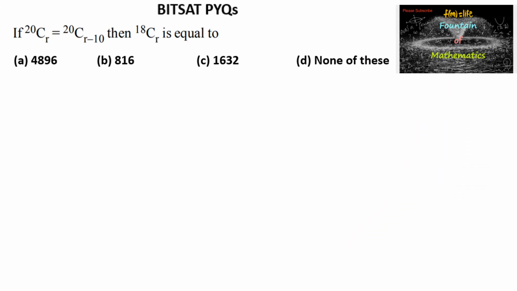If 20CR is equal to 20C(R minus 10), then find the value of 18CR. We have the property nCa is equal to nCb, which implies that either a is equal to b, or a plus b is equal to n.